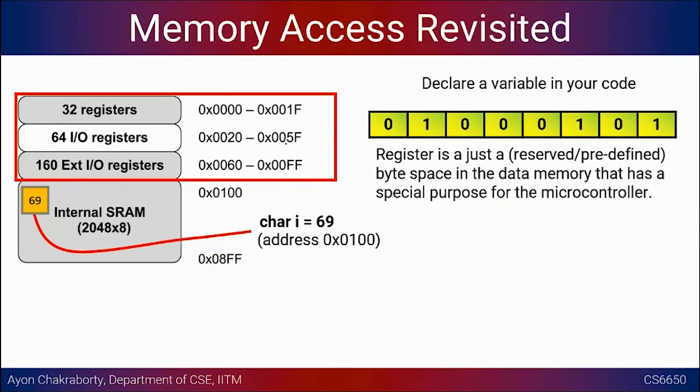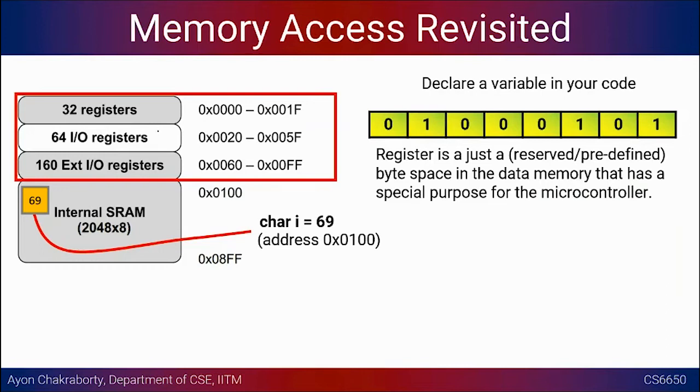So now we are going to revisit how these digital input output pins are manipulated, but before that we'll take a small detour and again come back to that quickly, right?